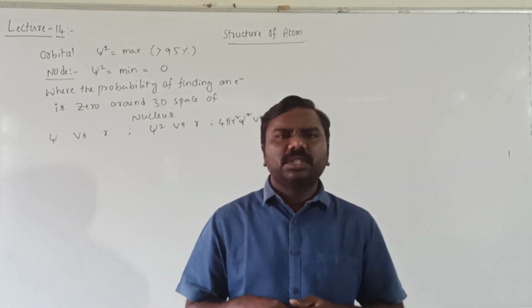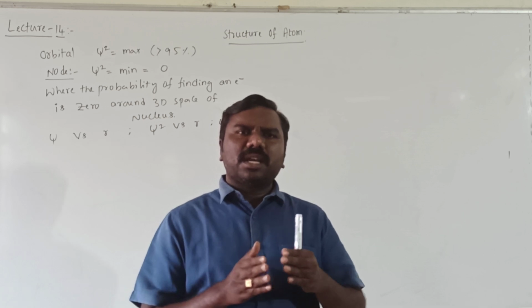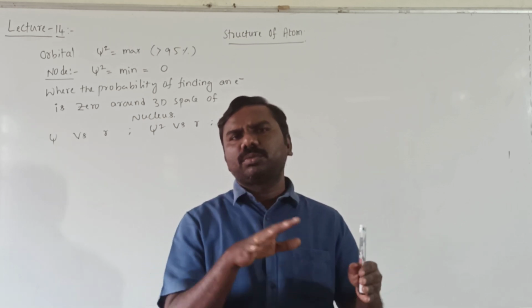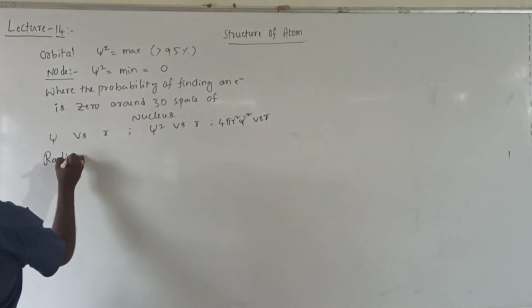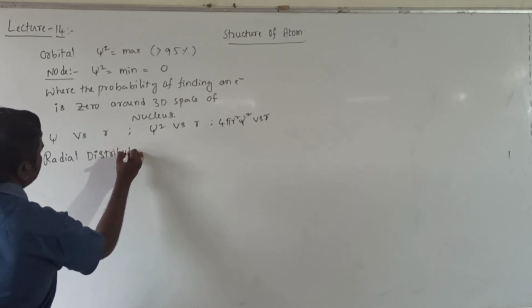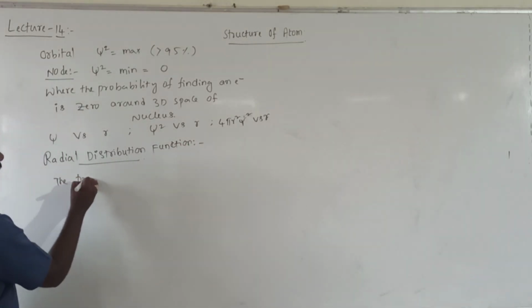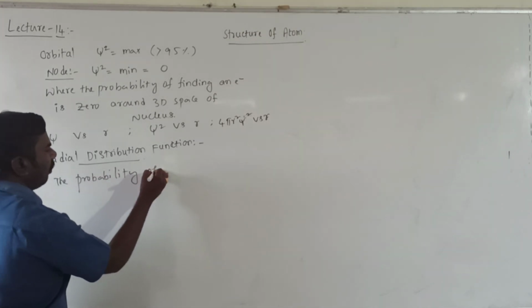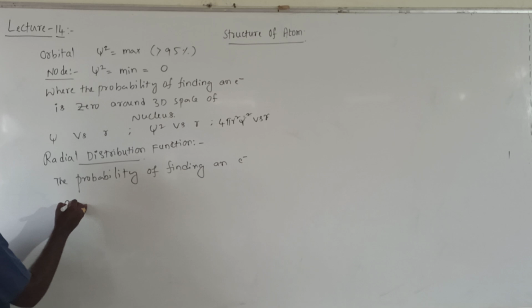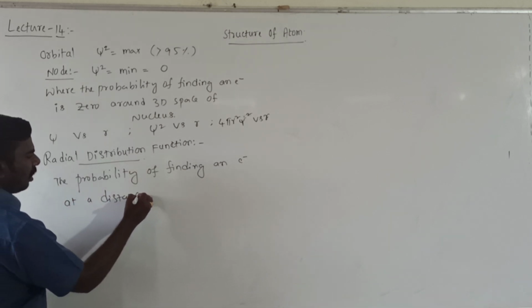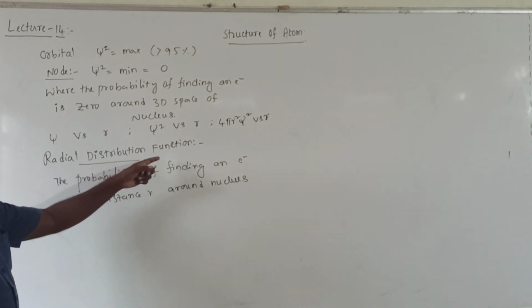Radial distribution function can be defined as the probability of finding an electron at a distance r around the nucleus.